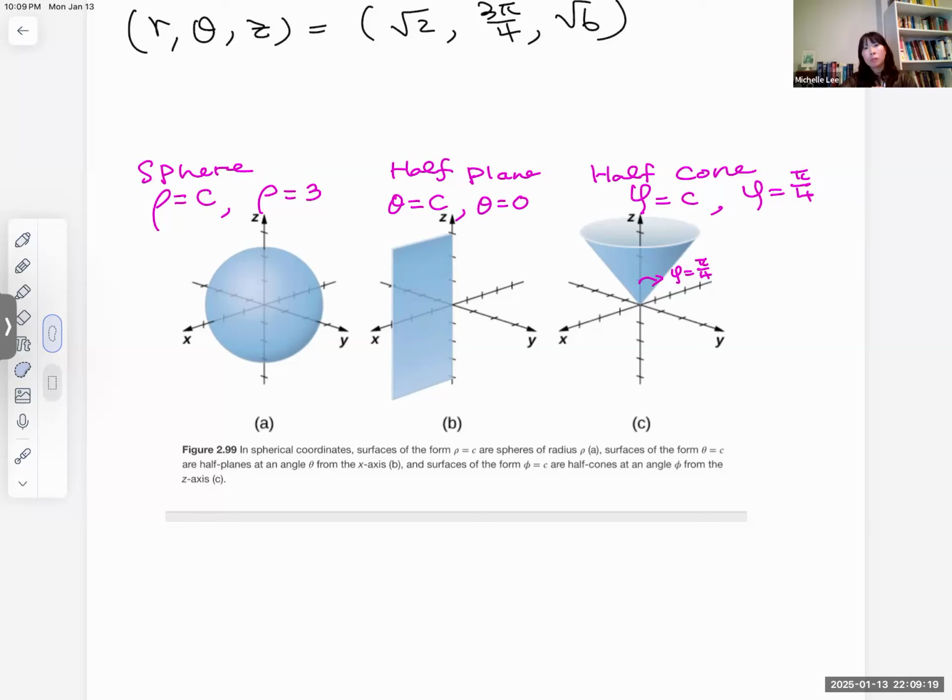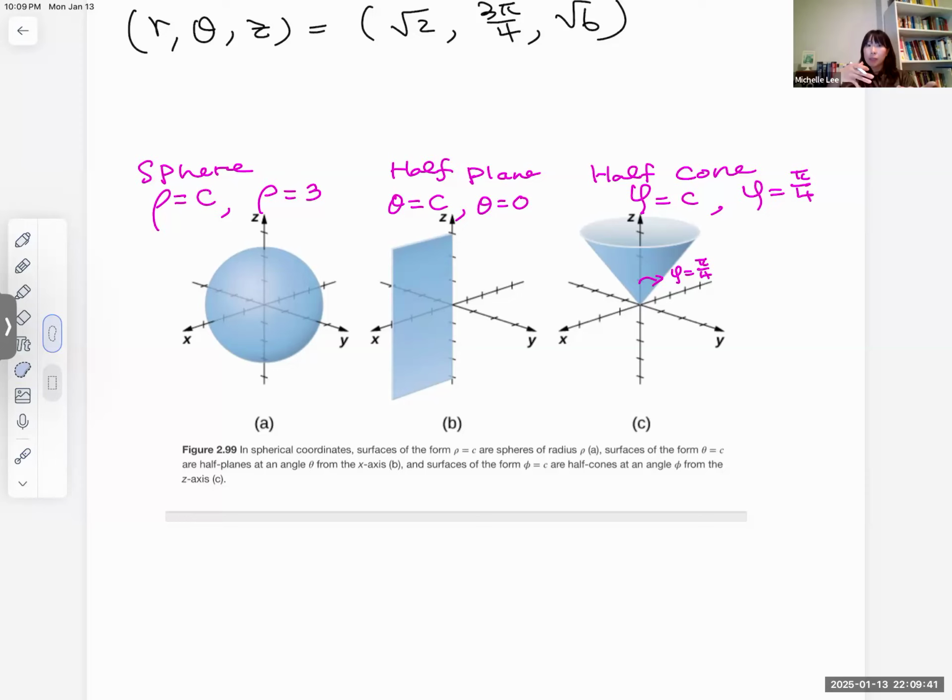So basically, we had a cylindrical equation earlier. Like this, the same shape of the figure, we can express as a rectangular equation, just the regular equation.